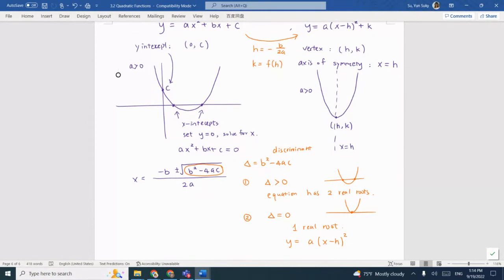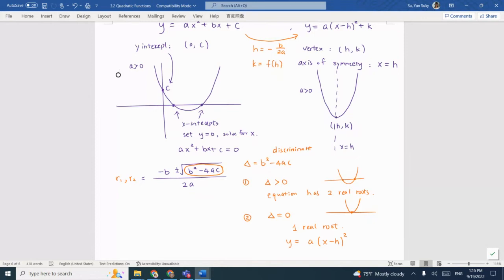Is that okay, anybody? By the way, let's call the real roots R1 and R2. R1 is the one with the positive, R2 is the root with the negative in front of the square root.